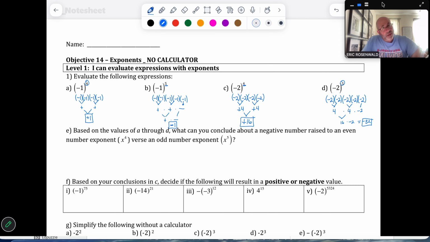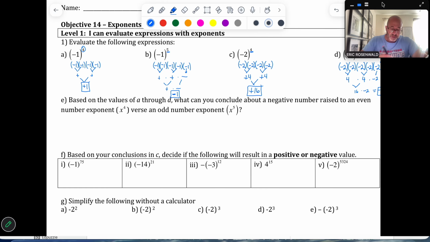So we end up with some positive answers and we end up with some negative answers. The question is, when do we get positives and when do we get negatives? Well, hopefully you can see that it is very easy to determine based on whether it's an even or an odd exponent. So based on the values of A through D, what can we conclude about a negative number raised to an even exponent versus an odd exponent?